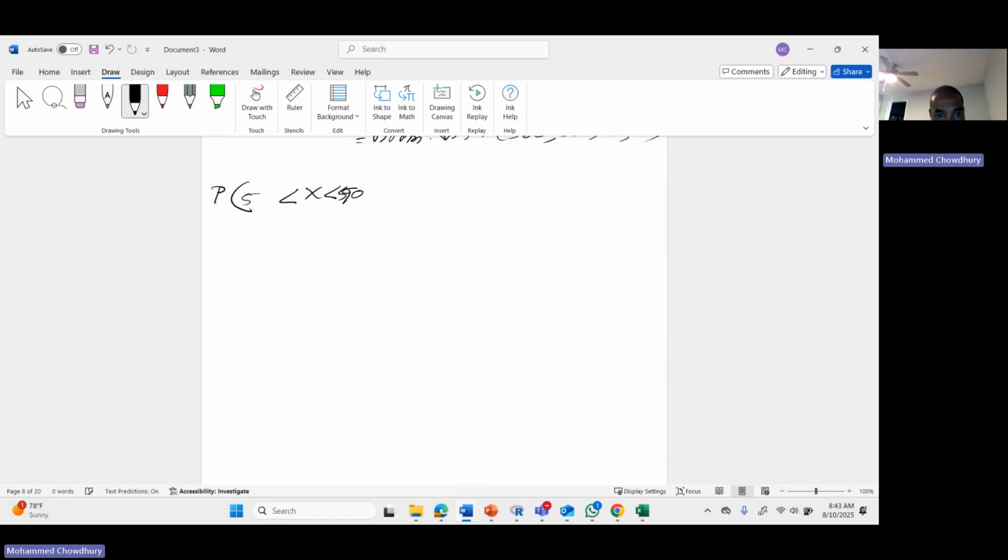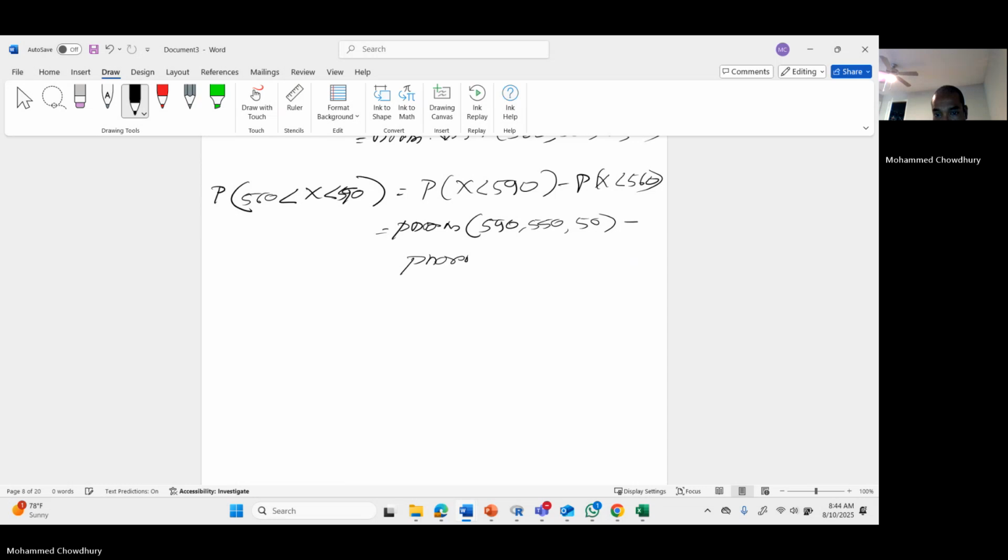Similarly, you can put probability of X less than 590 minus probability of X less than 560, so that you can easily compute it as pnorm 590, 550, 50, minus pnorm 560, 550, 50. Okay.